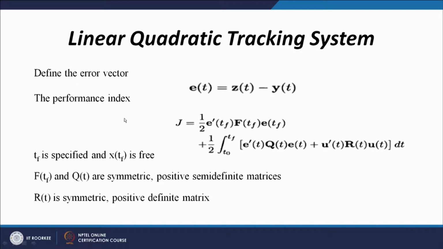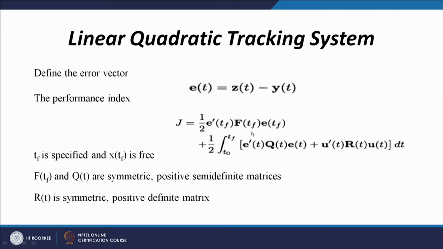So I can define a performance index as half of E prime T f, F of T f, E of T f, which defines my terminal cost, because at the terminal time I want to make this error as small as possible, plus half of the quadratic performance index E prime Q E plus U prime R U, where E we are defining as the error.